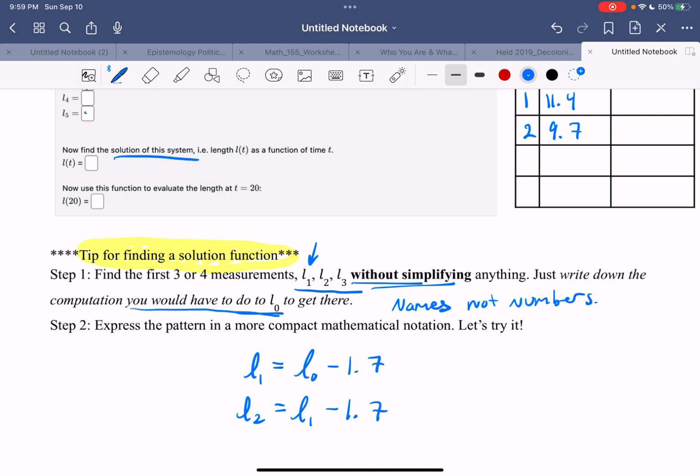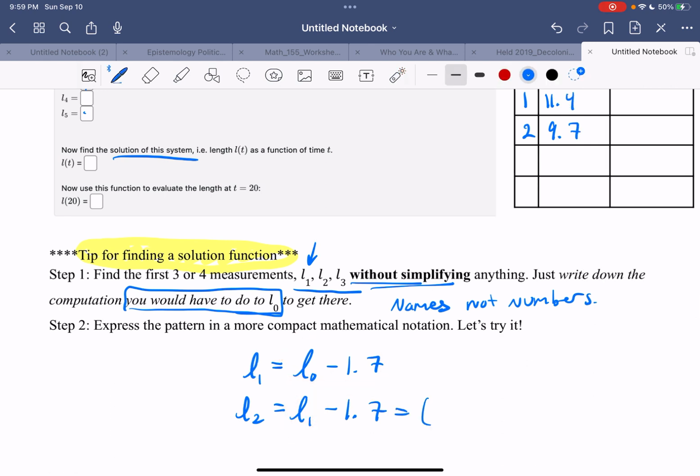So how would I find L2 using L0? And the trick is, well, L1, wait a second, this is L1. So we can just substitute that expression in for L1. So this is L0 minus 1.7. This thing here is L1 minus 1.7.